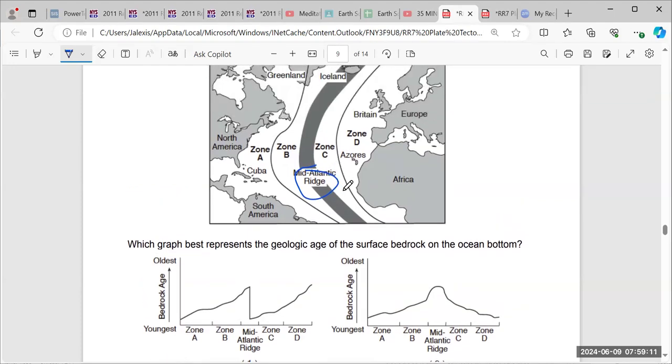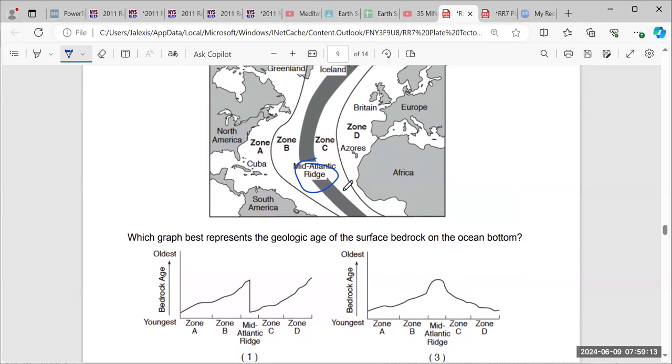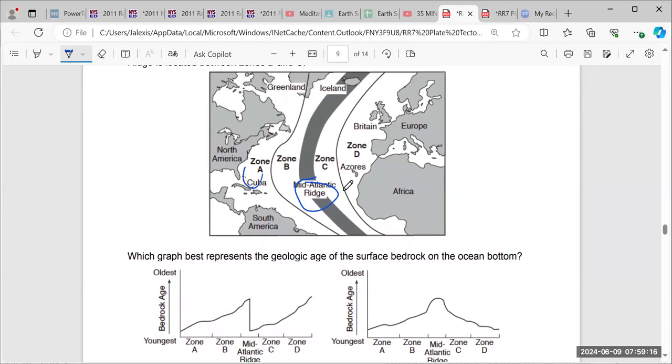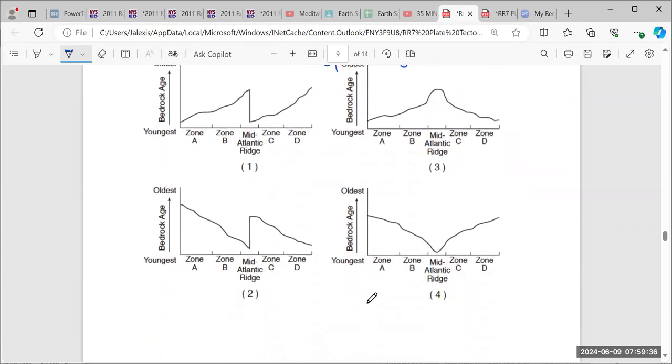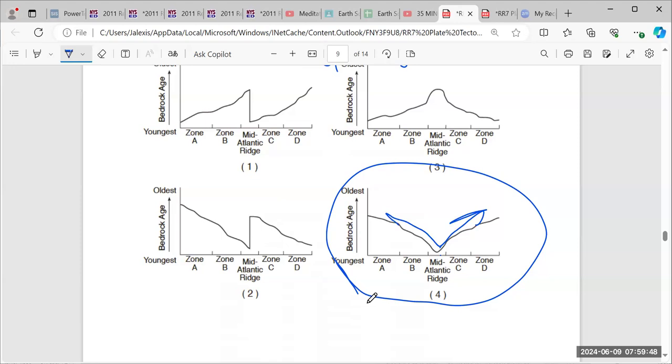That means I have to pick a graph that shows A and D are going to be the oldest, and B and C are going to be younger, because as you move away from the ridge, the ocean floor gets older. That's why the correct answer is going to be choice 4. The mid-Atlantic ridge is where it is youngest, and as you move away on both sides, the age of the ocean floor increases.